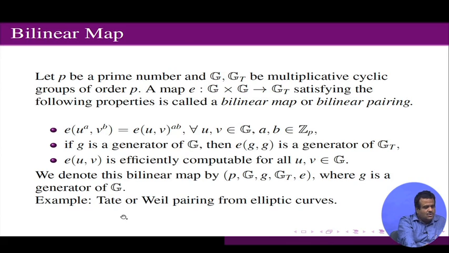This is not in our syllabus, and we will only use the concept of the bilinear map in a theoretical way. We are not going into the details of the construction of e(u, v), but these are two examples. If you have interest, you can look into the details, but it needs some math background.